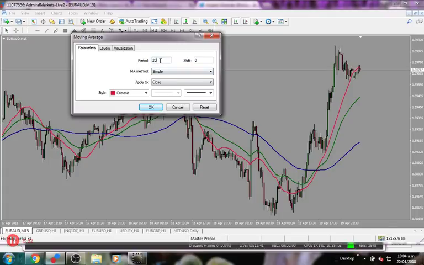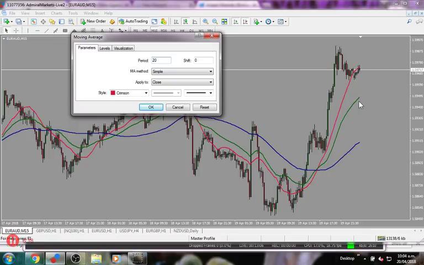Basically each of these lines plots an average price value based on a certain number of candles from the past. The 20 moving average, this red line, takes the last 20 candles, averages them out and gives you a spot here on the chart.